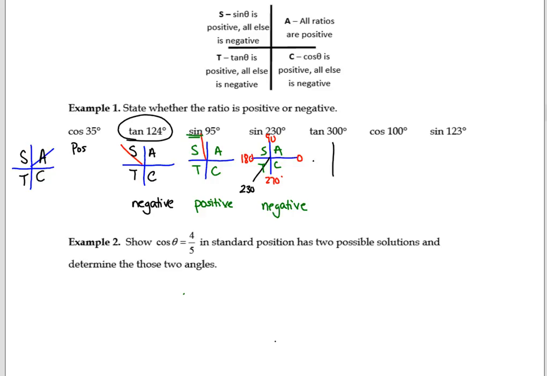Okay, where's 300 going to be? Quadrant 4. With CAST, will it be positive or negative? Negative. Only cosine is positive, so tan would be negative. You have to look at which ratio we're looking at. Okay, try the other two. You do the last two: 100 and 123.